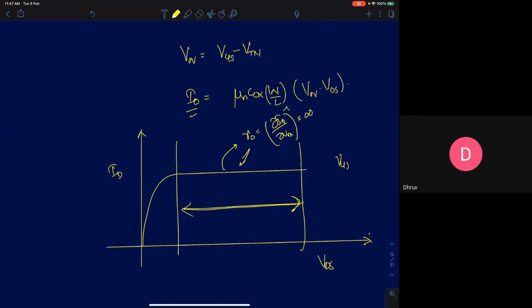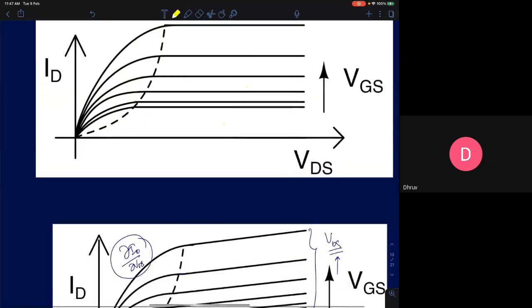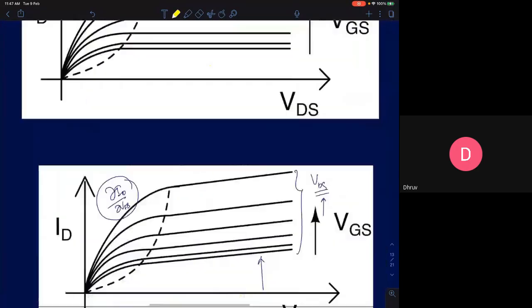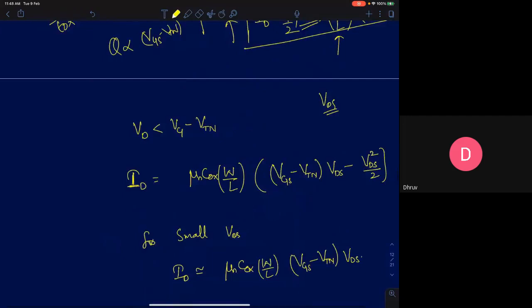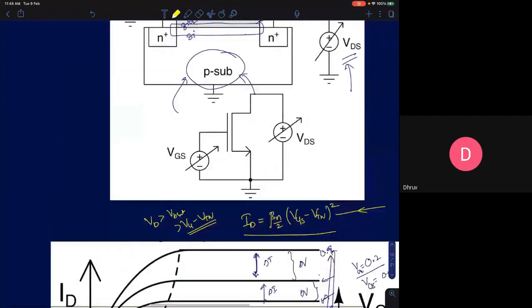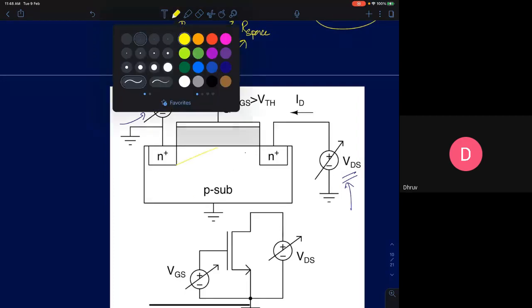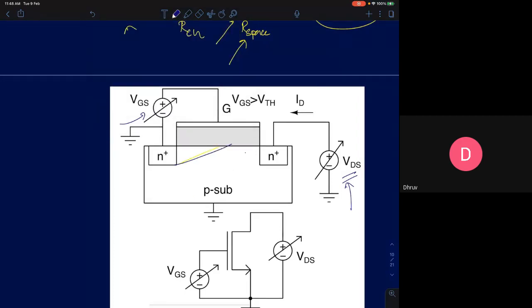But in practice, what actually happens is, I'll just explain it here using this MOS device: as you increase your drain voltage, your channel length will start reducing. The actual physical channel length will start reducing as you increase your drain voltage. Previously I said we'll ignore that, but now we can't ignore it anymore. The channel length will reduce.